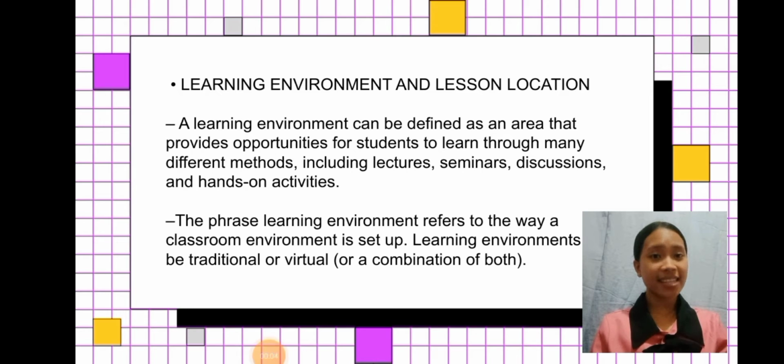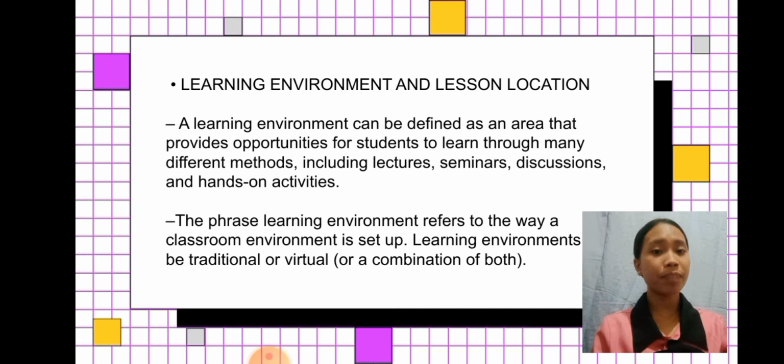Learning environment and lesson location. A learning environment can be in a different area or in a different space, as long as it can give a student the opportunity to learn or gain any information that can be an advantage to him. It includes lecture, seminar, discussion, and hands-on activity. The phrase learning environment refers to the way a classroom environment is set up.